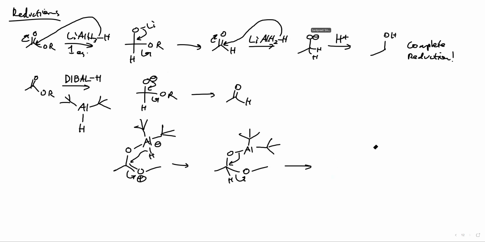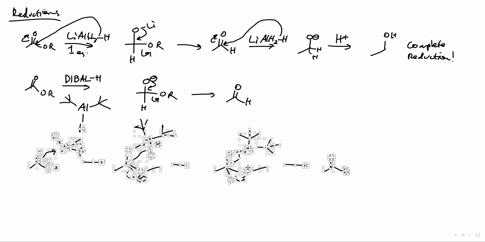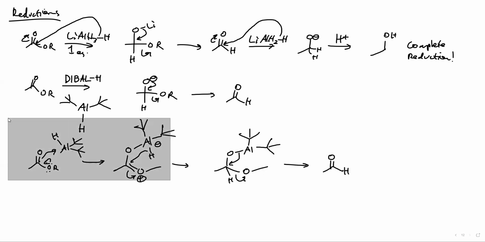Okay, so what I'm going to do is write my mechanism down here, how I would write it at least, because I really want to show that it's this interaction here that's causing the DIBAL to be selectively reduced. Cool. So DIBAL is going to work really well on amides because they're heavily electron rich, and they work pretty good on esters. Okay, that's why we're using it on esters and not LiAlH4.